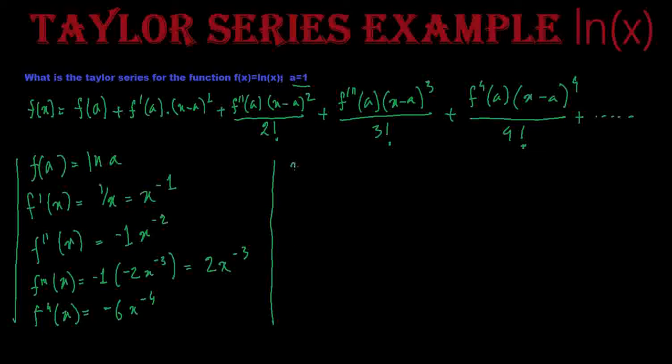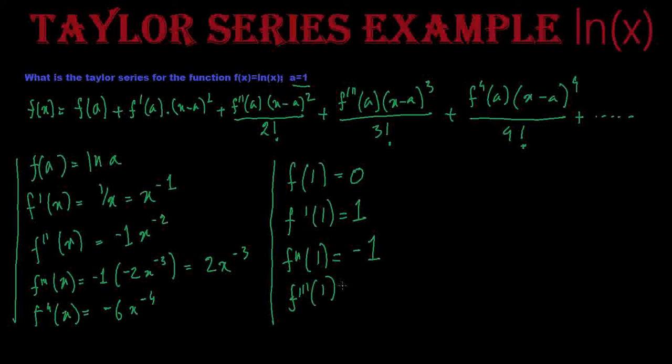So now we can write f of 1 equals 0, that is ln 1 equals 0. f prime 1 equals 1, f double prime 1 equals minus 1, f triple prime 1 equals 2, f fourth derivative 1 equals minus 6.